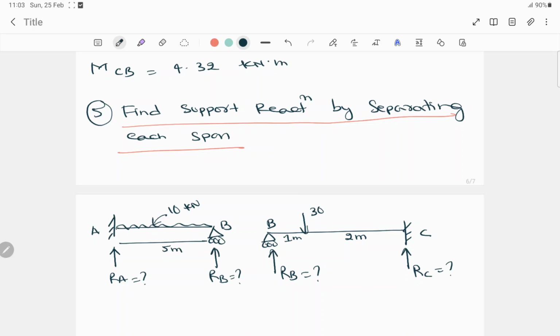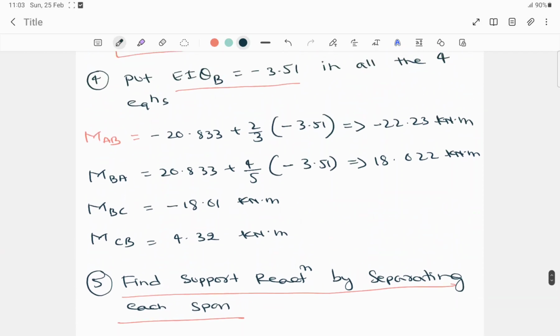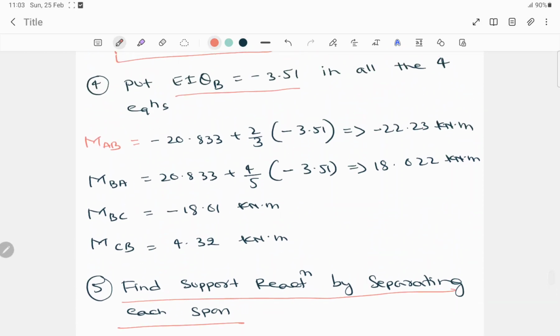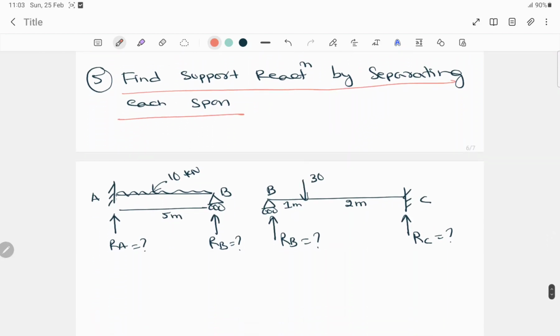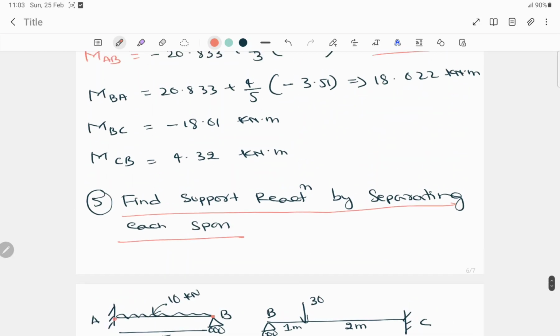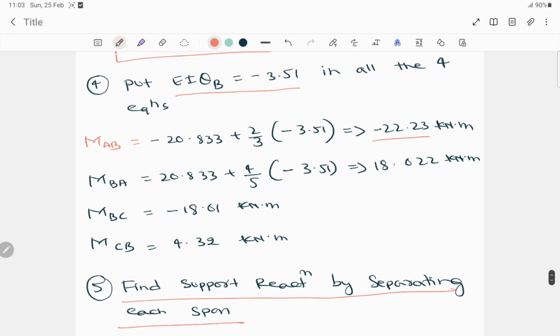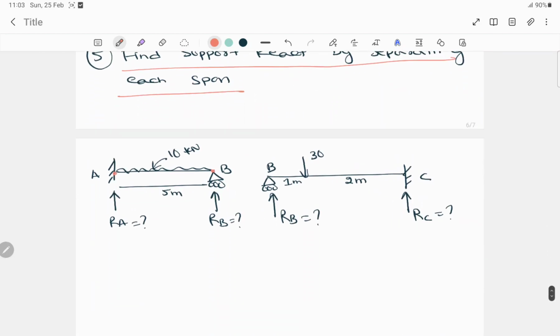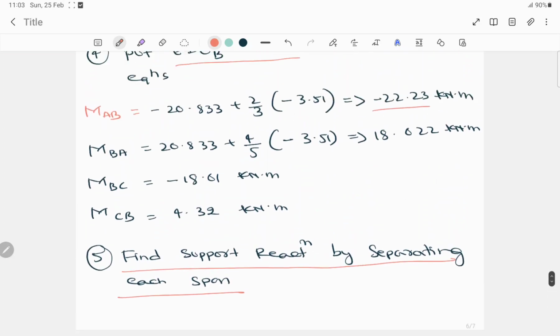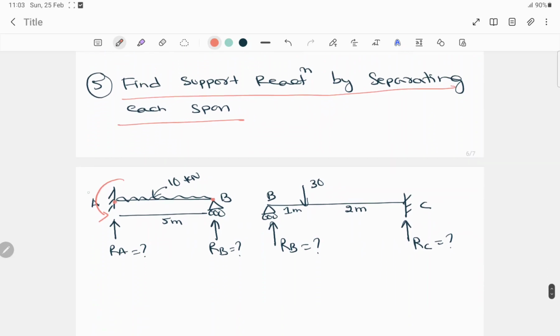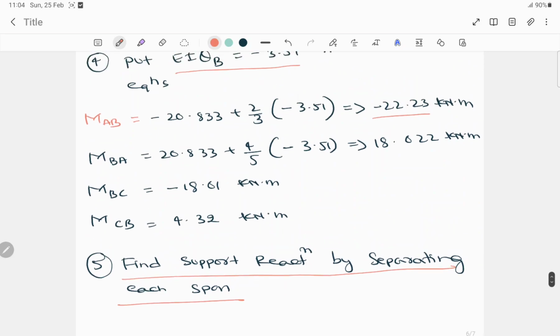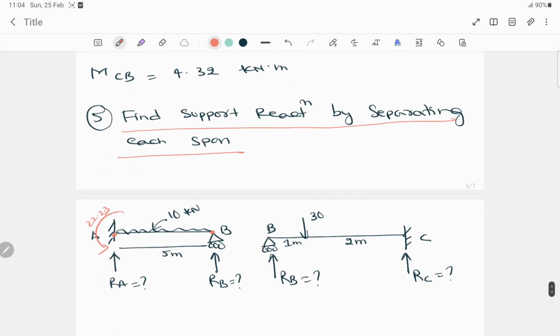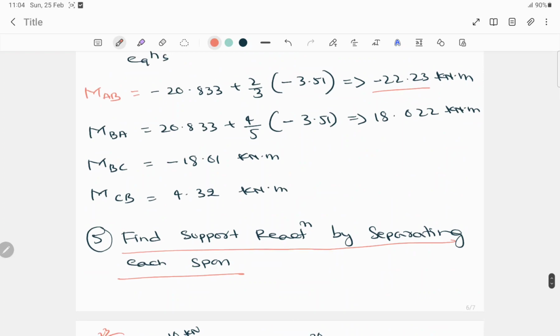So now see, we have the moment also with us, right? This is the moment for MAB, A to B. So from A to B, the moment is minus 22.23. Minus means it's always anti-clockwise. So here one anti-clockwise moment is acting and the value for anti-clockwise is 22.23. Done. Now again for B to A, it is positive 18.022.